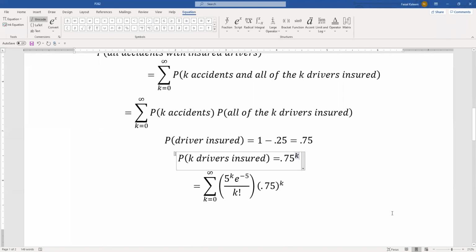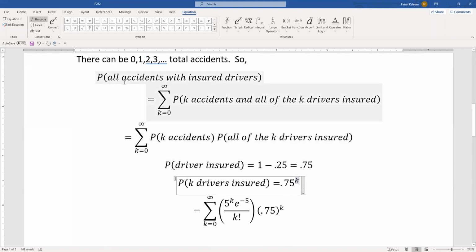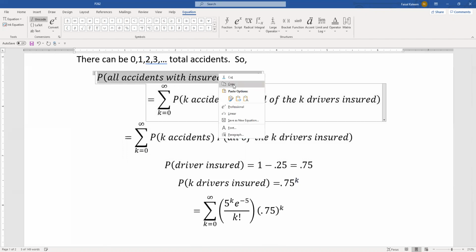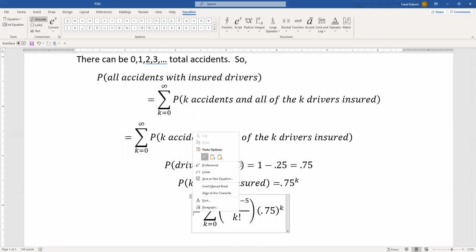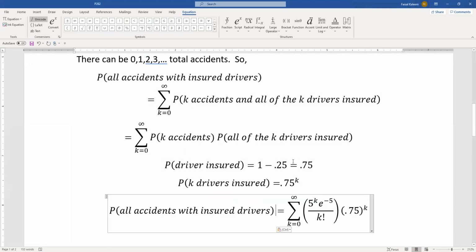So let's just copy this. The probability all accidents involve insured drivers. When we substitute the values, k accidents, we already know that's f of k according to Poisson, and all of the k drivers insured would be 0.75 power k.